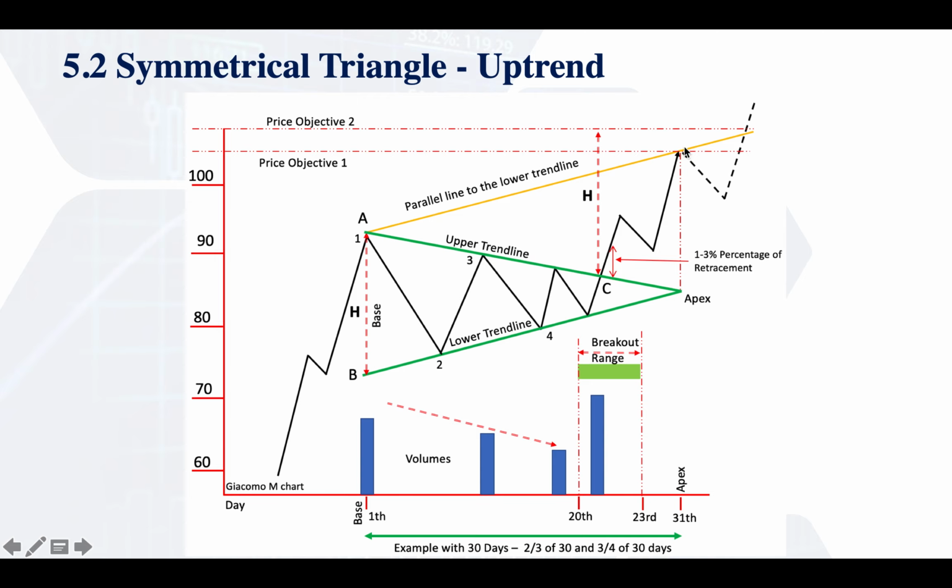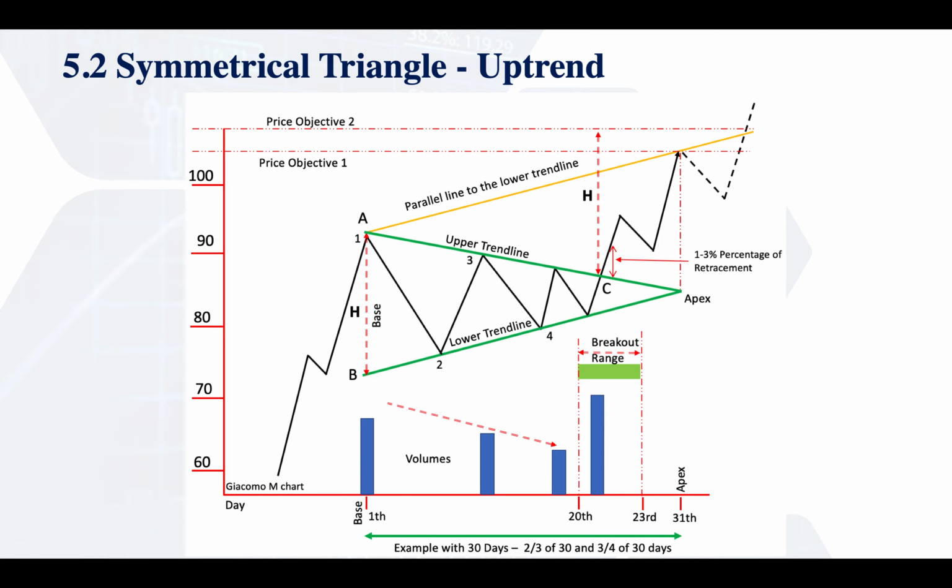Generally for this type of pattern, the price objective is reached at the apex time. So once we know the total length of the triangle, we are able to understand even the timing when the price objective should be reached or achieved.